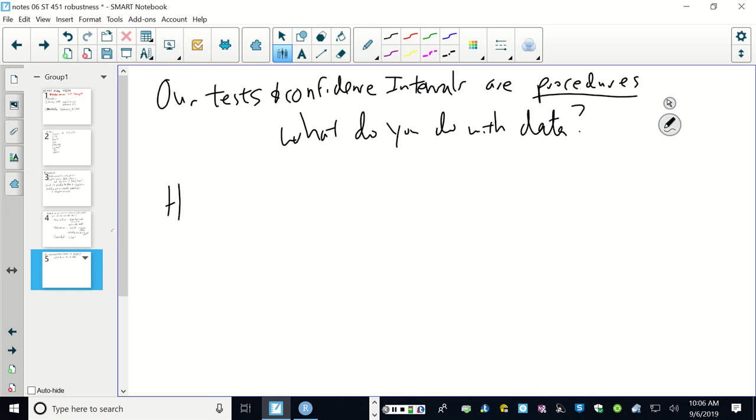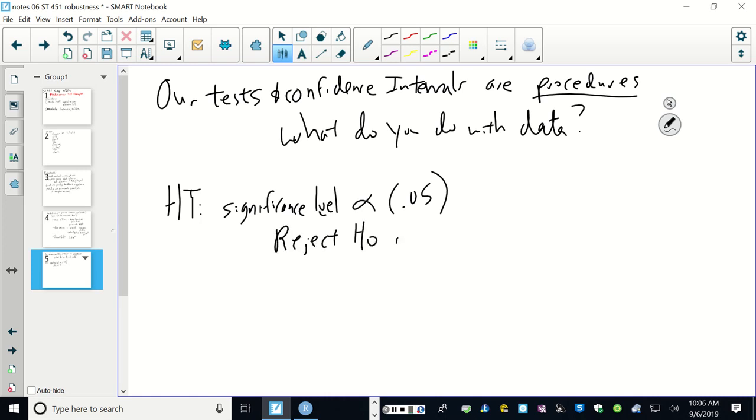And so in hypothesis tests, right, we have a significance level given by alpha, like 0.05, something like that. And so we're going to reject a null hypothesis if the p-value we calculate from our null distribution or randomization distribution is less than or equal to alpha.